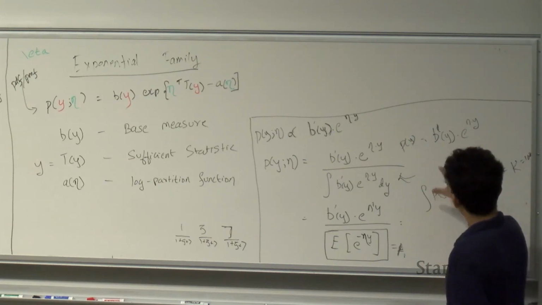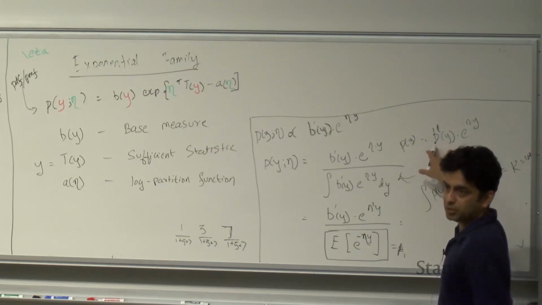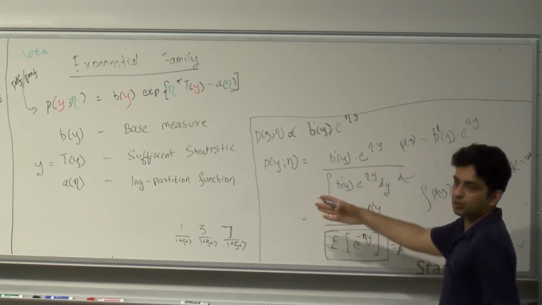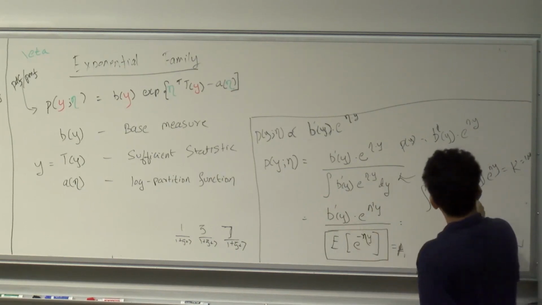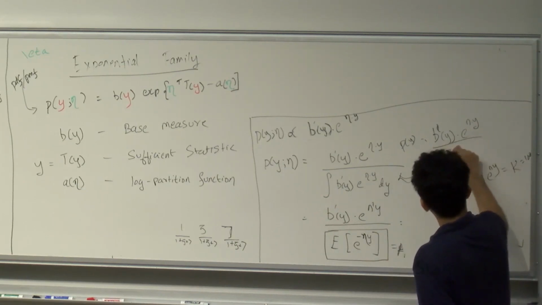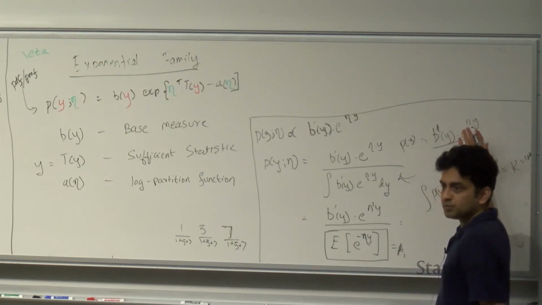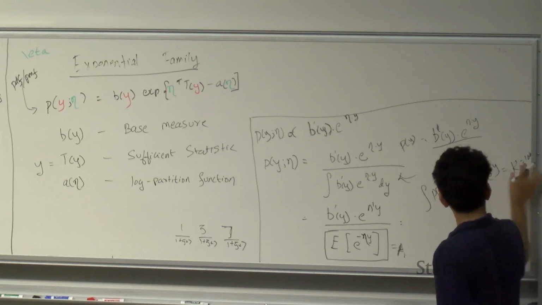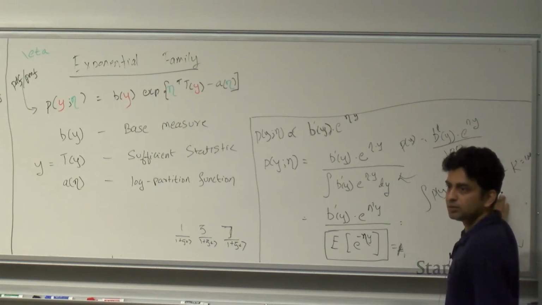Right? But now we want this to be a valid probability distribution, which means when you integrate out y, we want it to be equal to 1. So what you do is divide it by 100, so that when you integrate the whole thing, you get 1. Right? And this 100 comes because that's what you got by integrating it out in the first place.